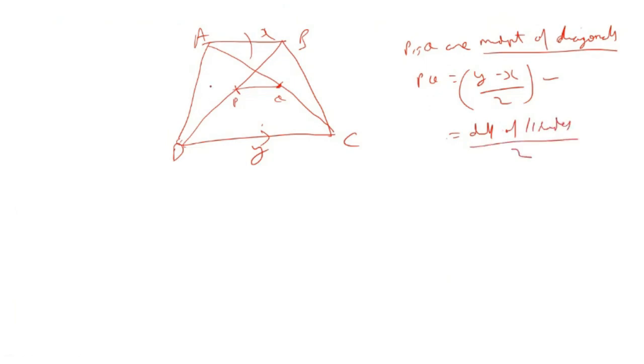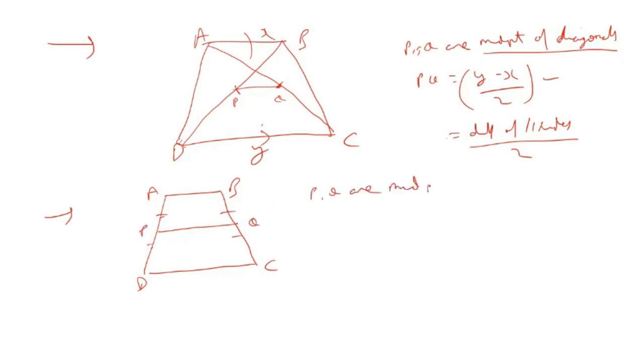So that is the midpoint of the diagonal, this is one result, and these are all just direct results. The second is that if you join the midpoints of the non-parallel sides, say PQ here, and again x and y are the parallel sides, then PQ will be equal to x plus y by 2, which is the sum of parallel sides by 2.